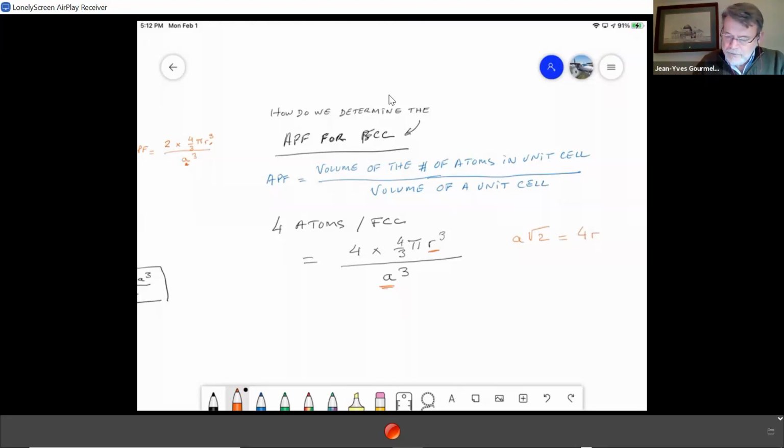So if we cube this, r cubed is a cubed multiplied by 2 root 2 over 64. We are going to substitute that here.